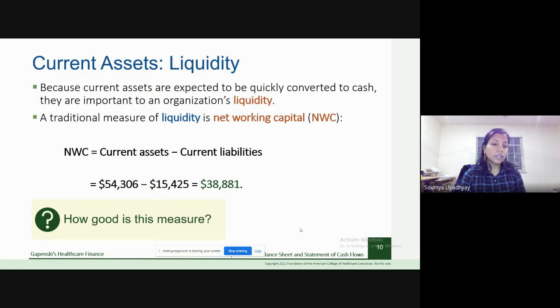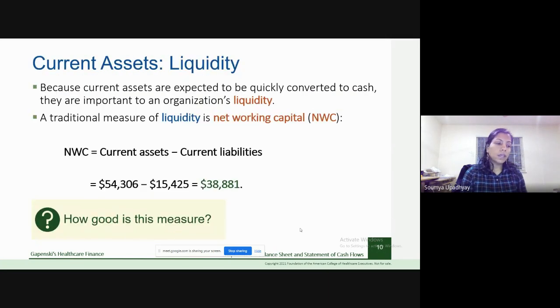In the case of Sunnyvale Clinic it is approximately $54,000 minus $15,000, which leaves you with approximately $39,000. So greater liquidity means greater net working capital, and that is better.